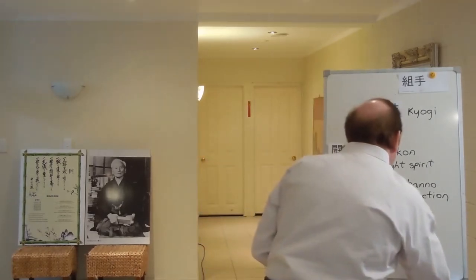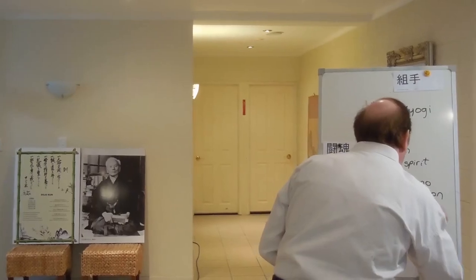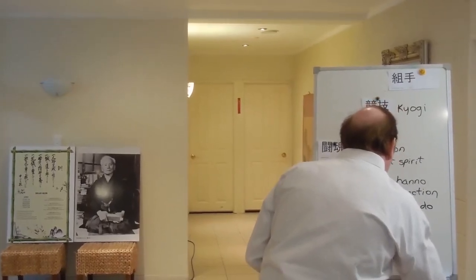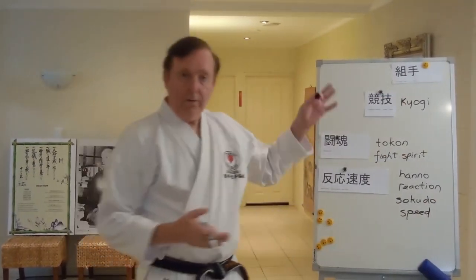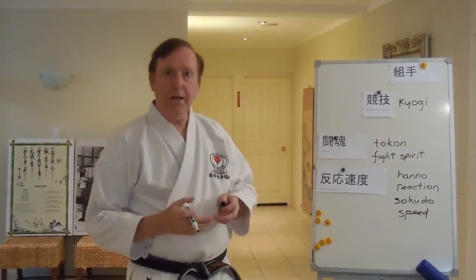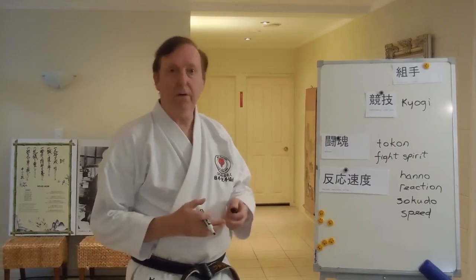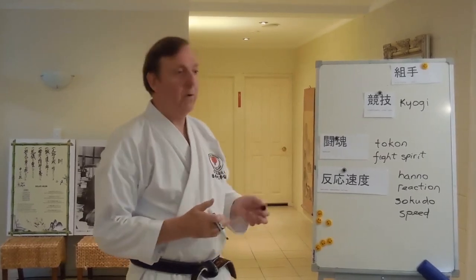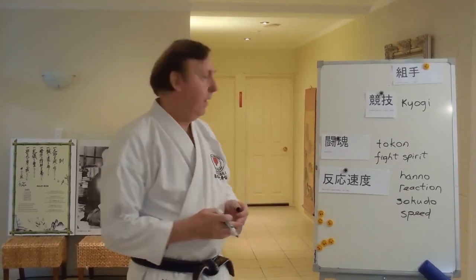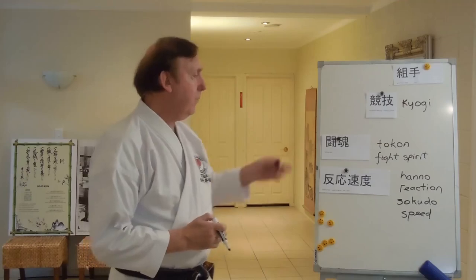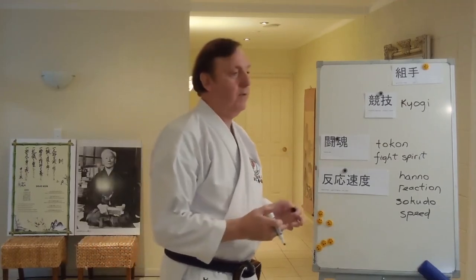Sokudo means speed. So obviously for all those things that I just mentioned, the speed is very important, reaction time is very important. So if you're not quick, you're probably going to get hit, or you're not going to be able to block effectively. So hano sokudo means very fast reaction time.